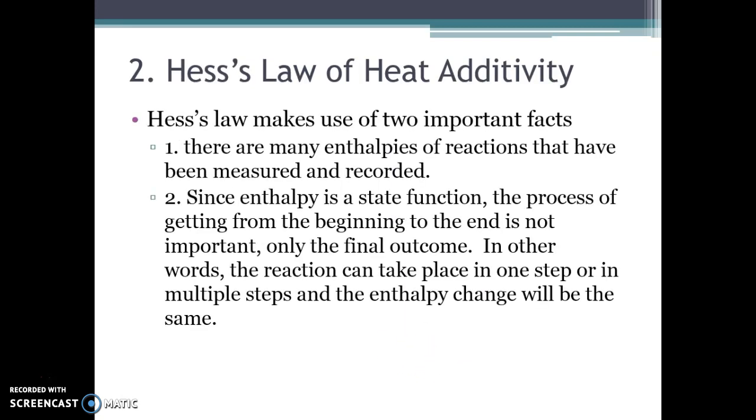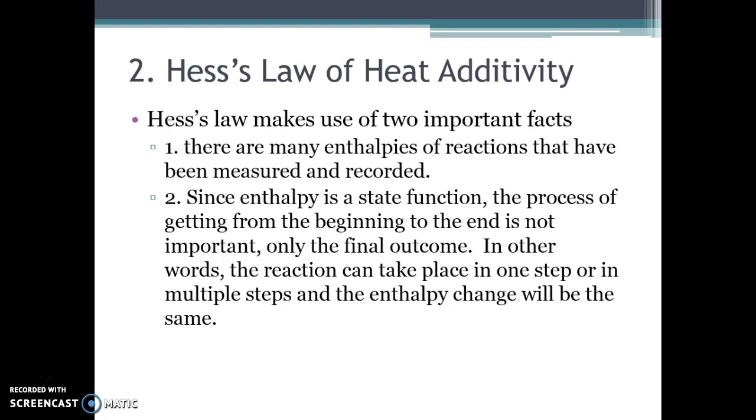All right, some of the stuff that you have not seen before. Hess's law makes use of 2 important points. Number 1, there's a lot of enthalpies of reactions that are out there that have been measured, that have been recorded, that are trusted to be the appropriate values. Second, since enthalpy is a state function, remember that the process of getting from the beginning to the end is not what matters.